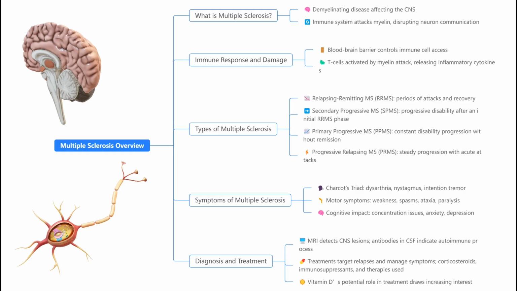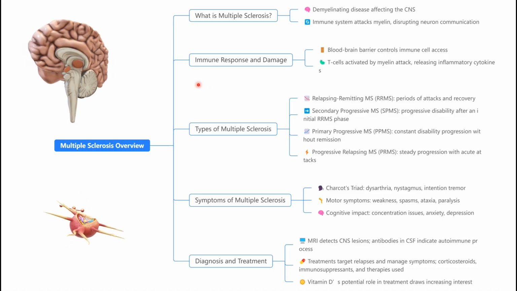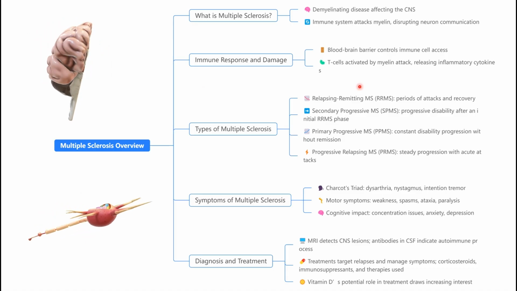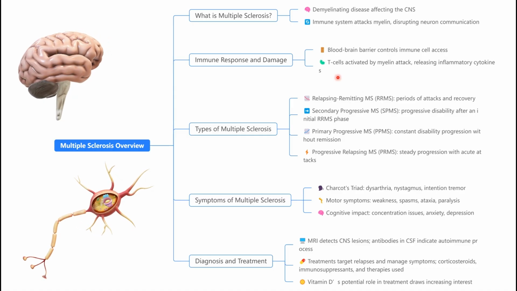This flowchart summarizes all the categories, all the sections that we have covered so far. Firstly, what multiple sclerosis is: it's basically a demyelinating disease that affects the CNS. Then the immune response and damage is based on the blood-brain barrier, as well as T cell activation.